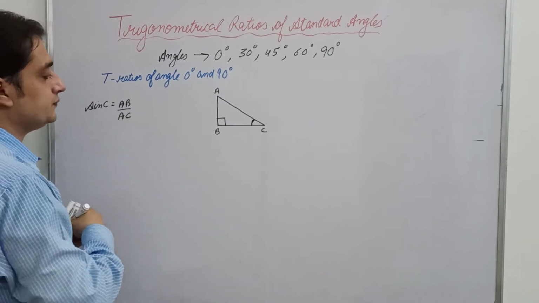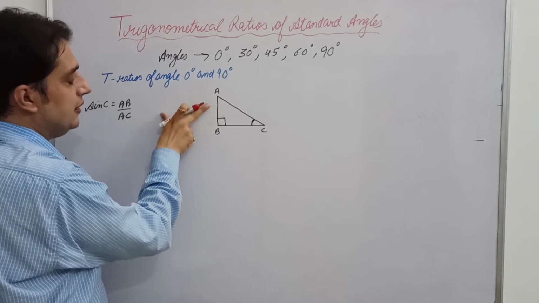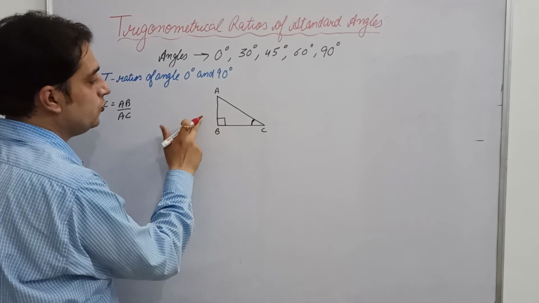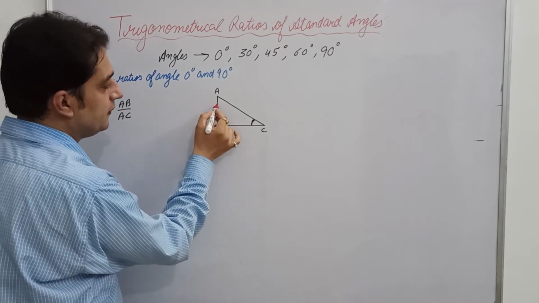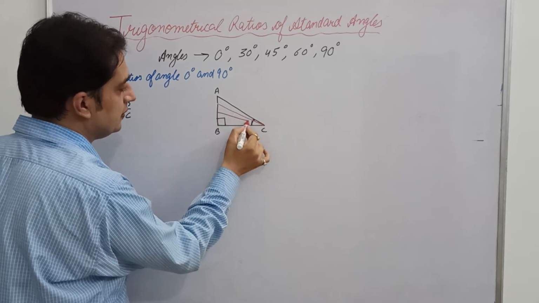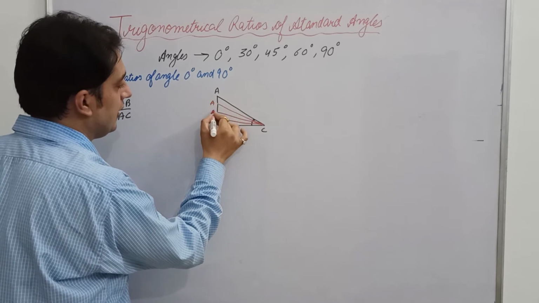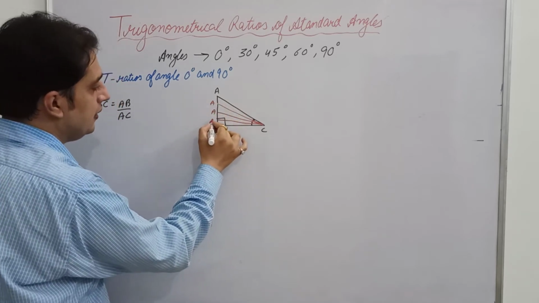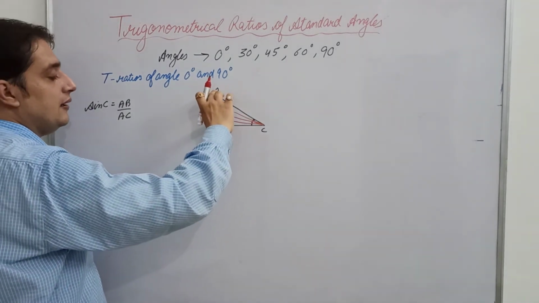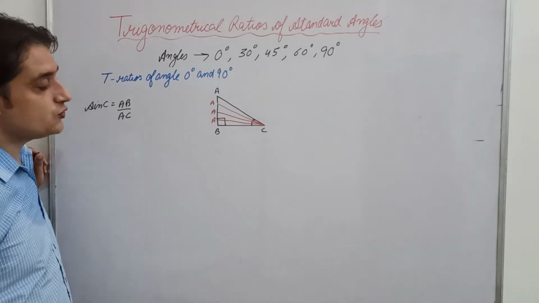If I bring A near to B, as we bring A near to B, the side length of AB becomes very small.